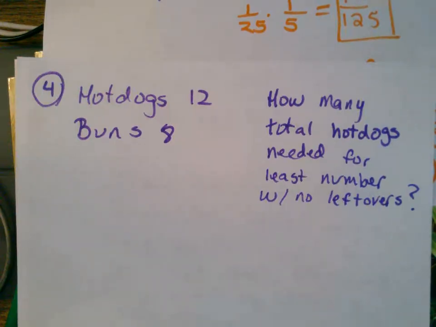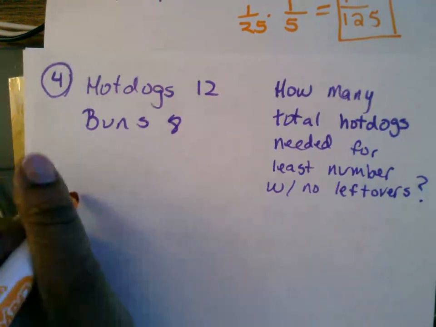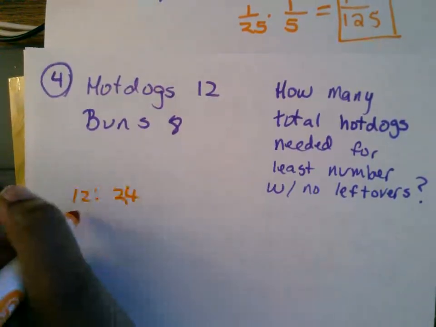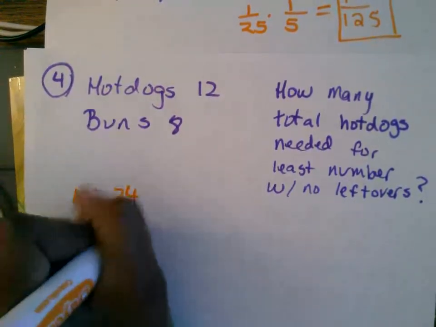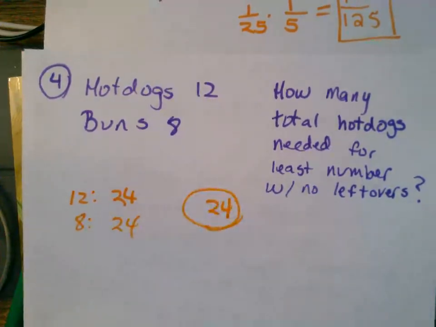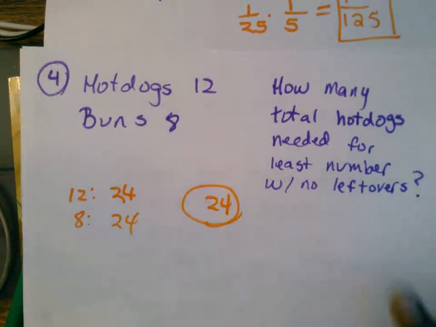All right, so this is going to be multiples of 8 and 12. I'm thinking 24. Me too. What if the numbers were 10?